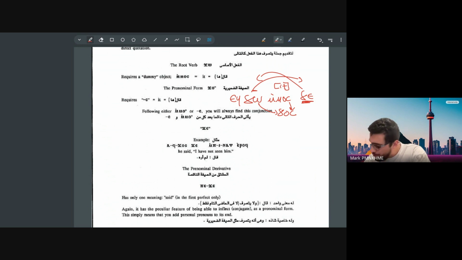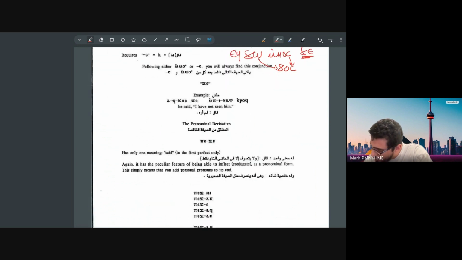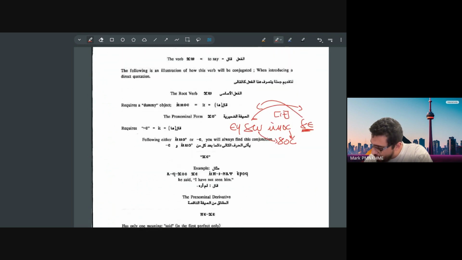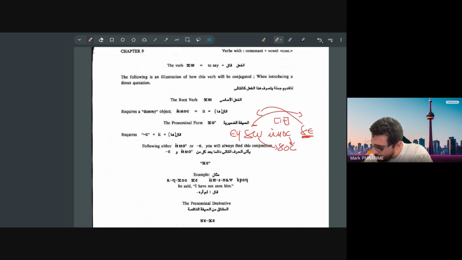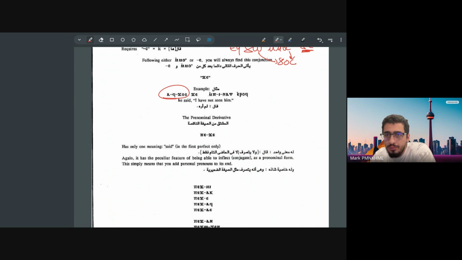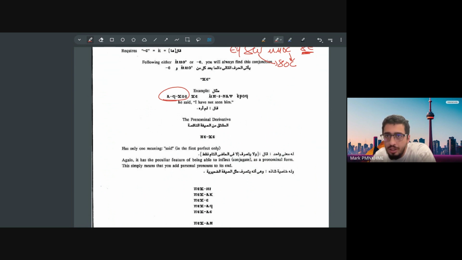Okay, and there's a note that in the first perfect, you can only use the ⲏ form, according to the notes I'm seeing here in Lambden. So you can only say ⲏ. You don't say ⲏⲏⲏ, but you can say ⲏⲏⲏ. All right.